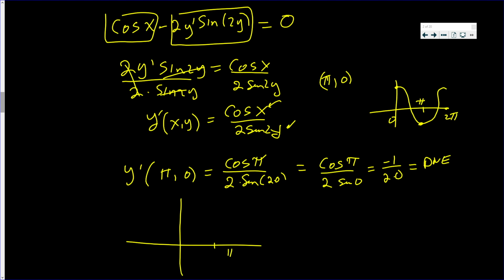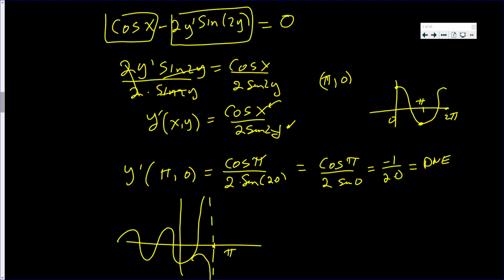Okay, here's (pi, 0) right here. You're going to have a vertical asymptote. Maybe, I mean, I have no idea what it looks like. But when it gets to pi, it's going to be getting close to the y-axis, either when y is really positive, or possibly when y is really negative.